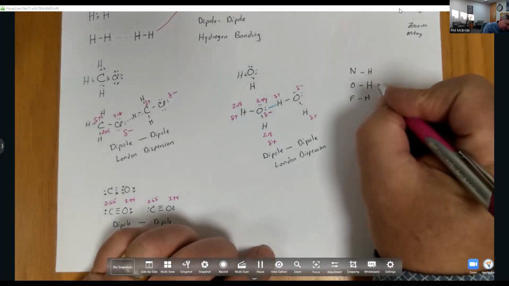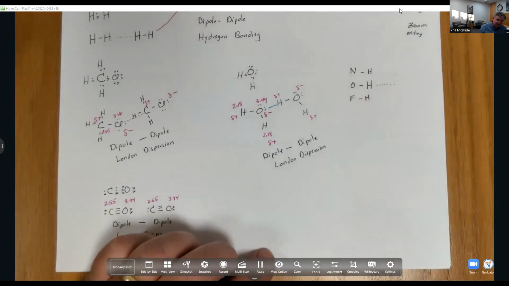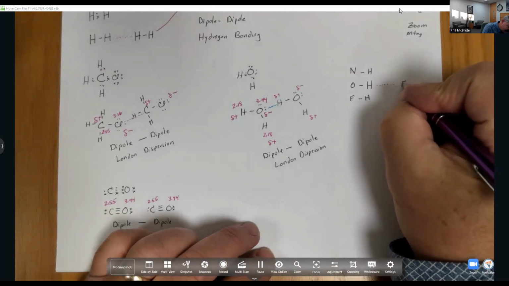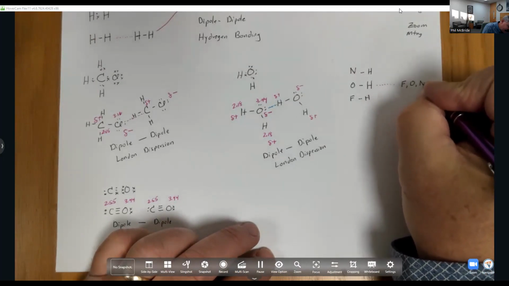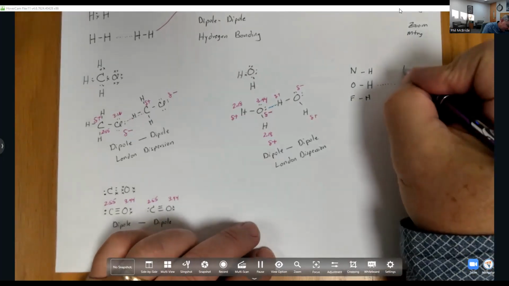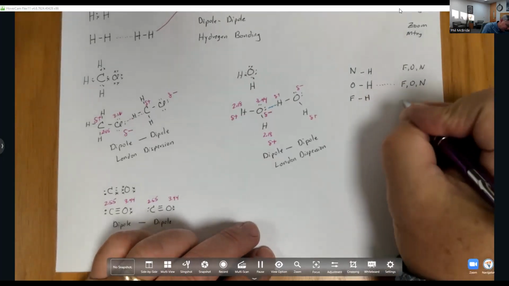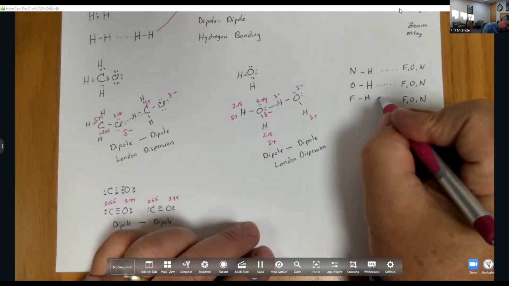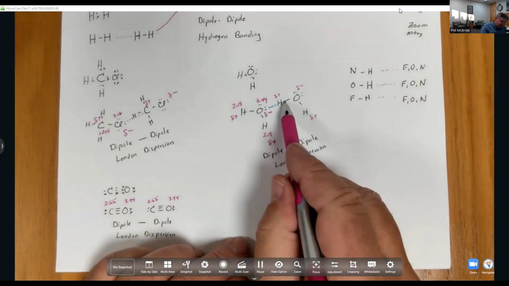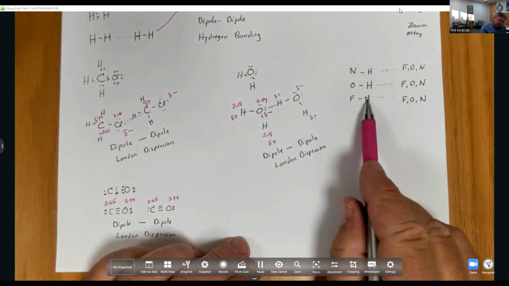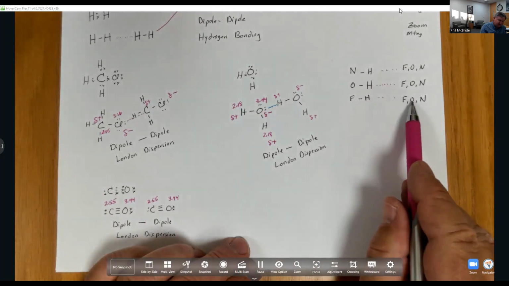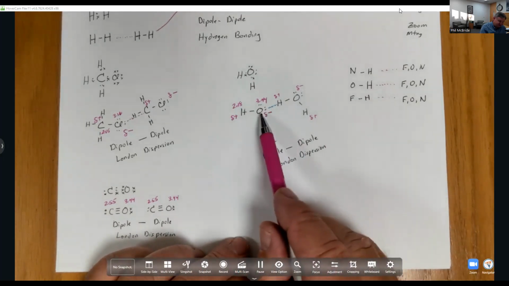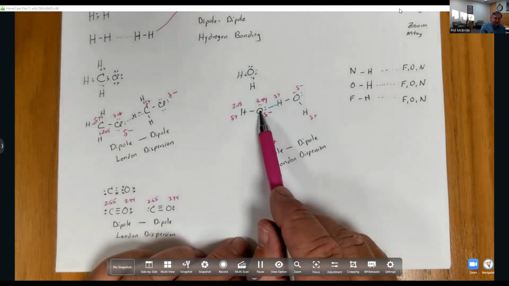Now, the hydrogen has to be attracted to either a fluorine, an oxygen, or a nitrogen. So is the hydrogen on this water molecule attracted to a fluorine, oxygen, or nitrogen on the other molecule?